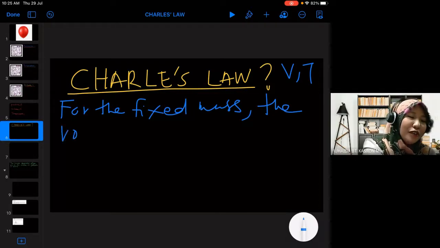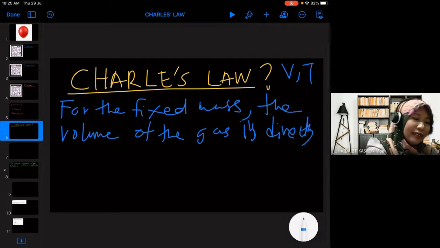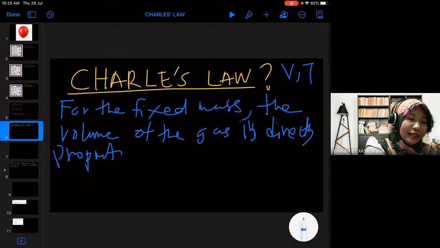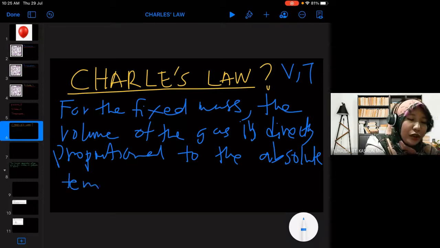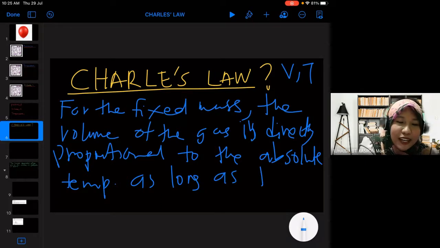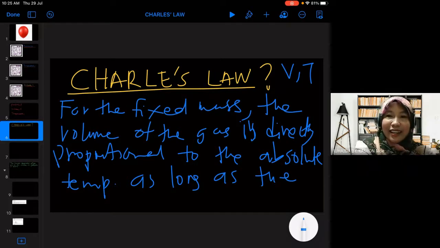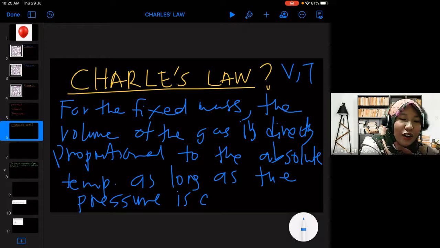So the volume of the gas is directly proportional to the absolute temperature. I will describe to you what absolute temperature is. This is the wording that you have to remember. As long as V and T change, what must be constant? The pressure. Yes, the pressure is constant.